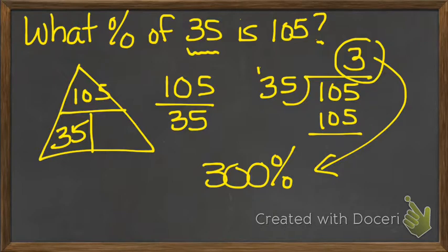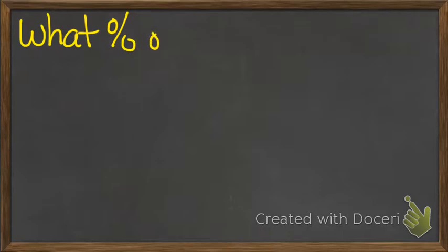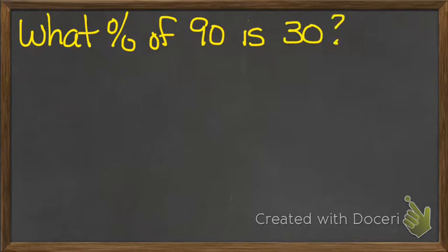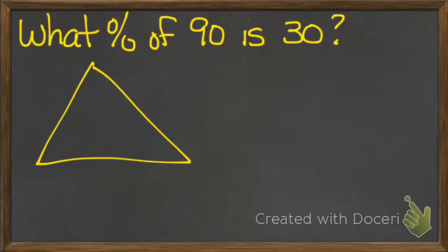Sorry about that. All right, let's do one more of the same sort. What percent of 90 is 30? And I will make my triangle. I feel better making the triangle because I can see one number goes on top and the other on the bottom.